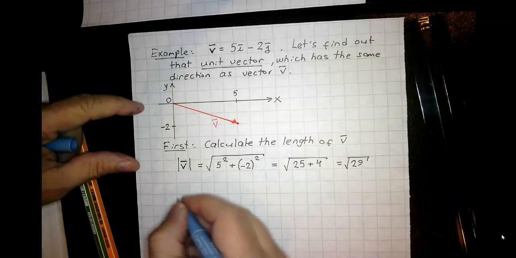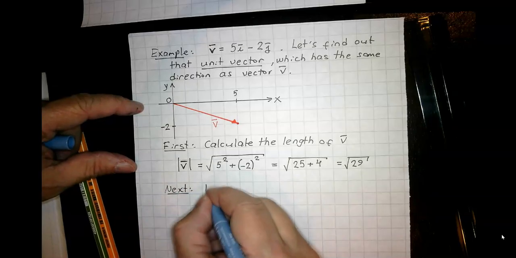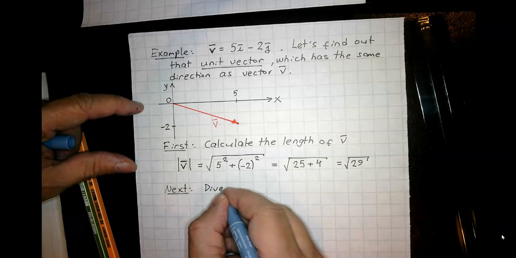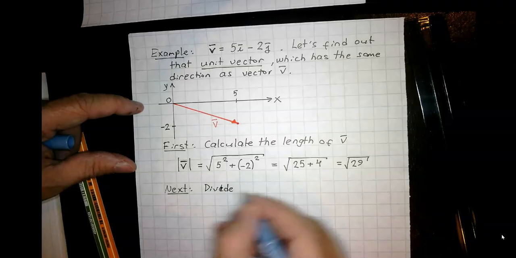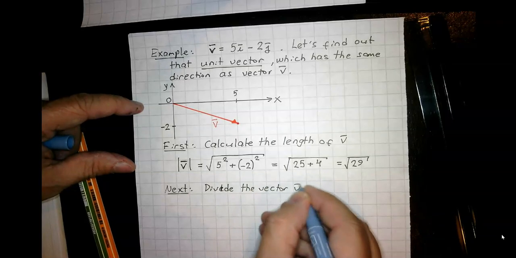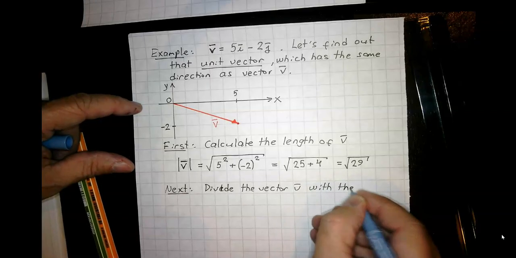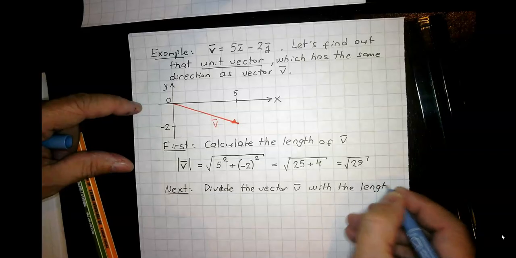So next, divide the vector V with the length of it.